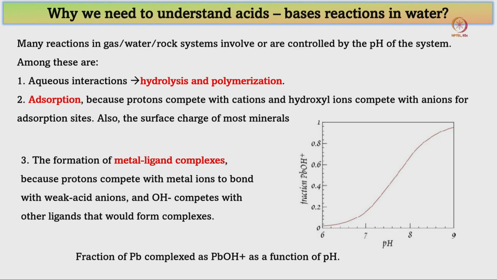Anywhere you go, in a water quality study, one of the few parameters they always measure is the pH of the system, because that drives so many equations and also gives you an idea of what kind of system it is. So, first, what kind of interactions happen due to pH? Aqueous interactions such as hydrolysis and polymerization.